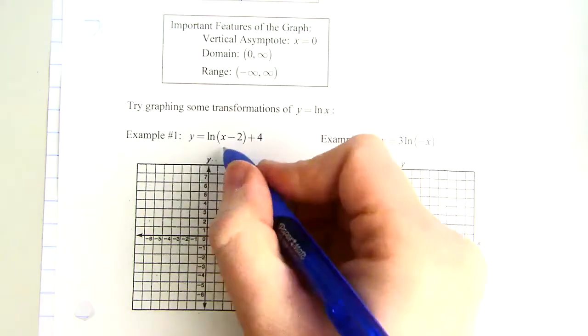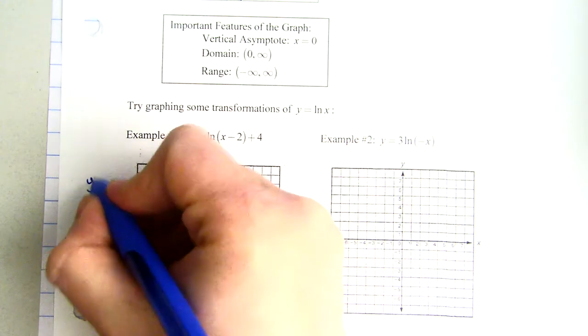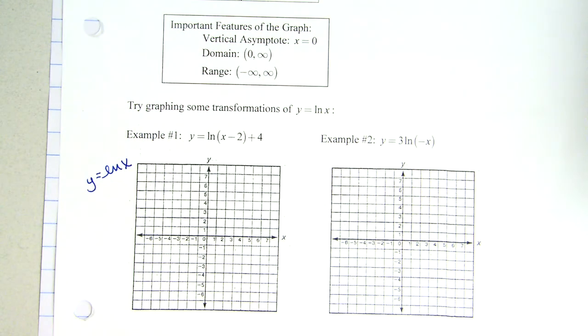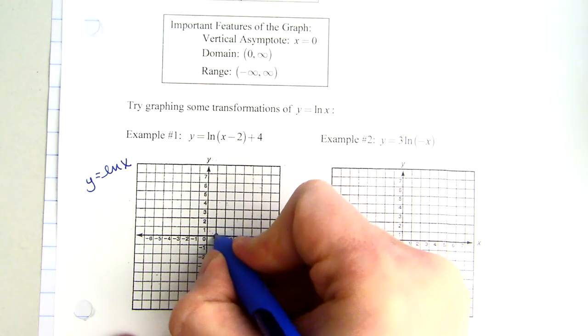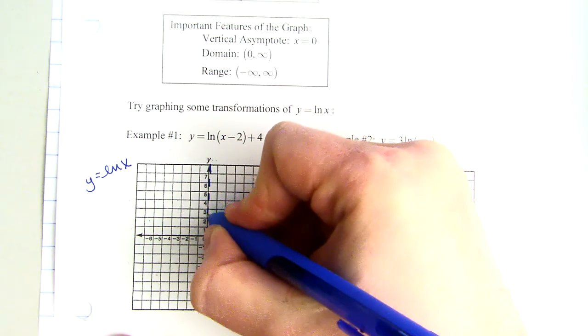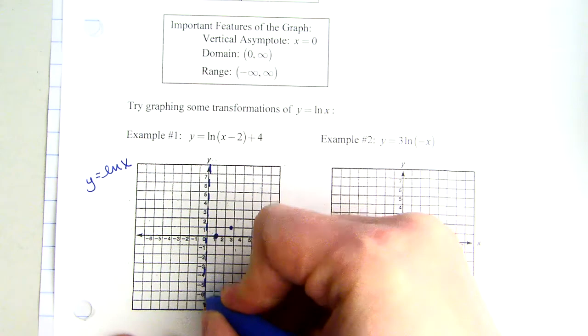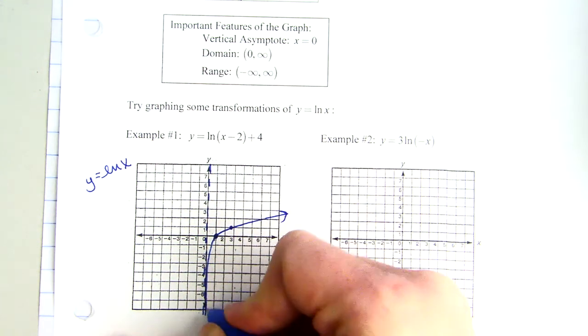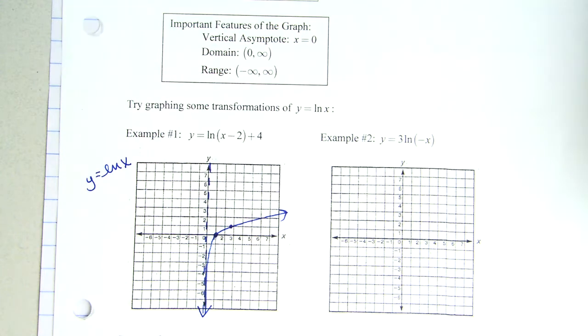In example number 1, I want to graph y equals the natural log of x minus 2 plus 4. I'm going to start by just graphing my parent function, y equals the natural log of x. That graph with a point at (1, 0), (e, 1), a vertical asymptote on the y-axis, and something like this. And good enough.